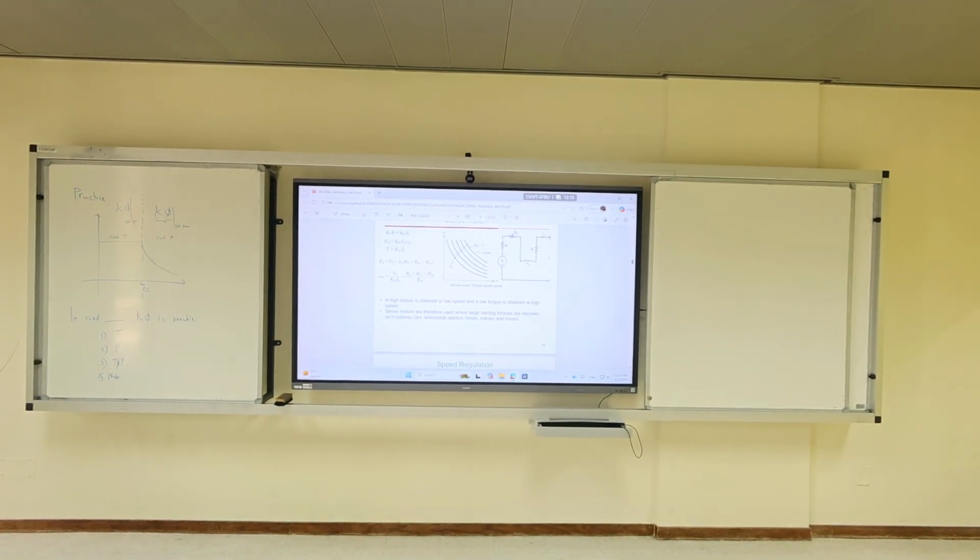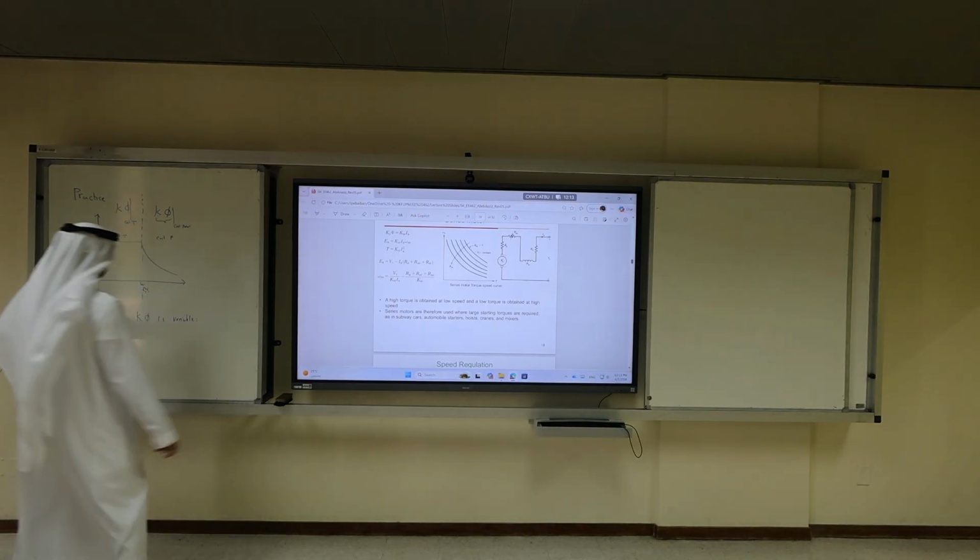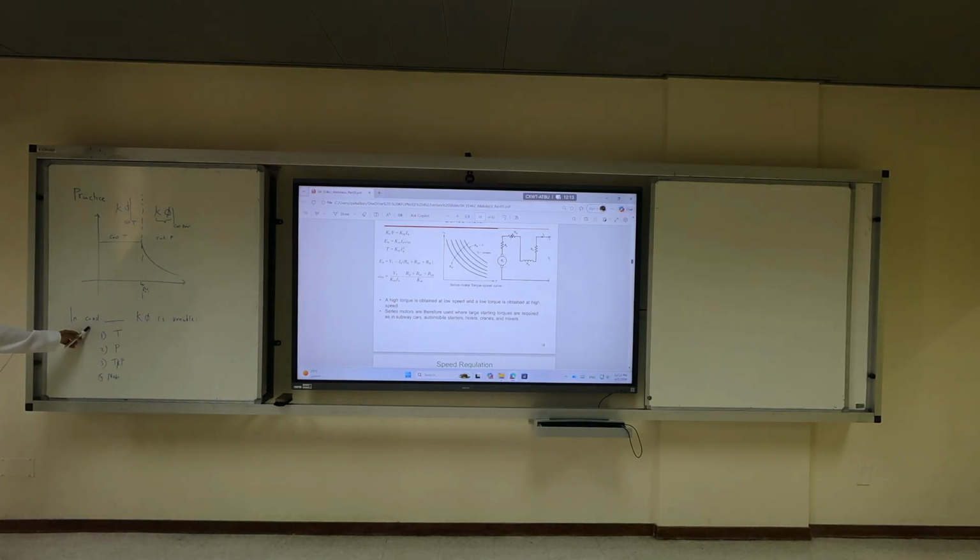Today we had a question: in constant power, K theta is variable. In constant power, which is what we call field weakening, the key feature is that the speed is above omega rated. It's a very important question.